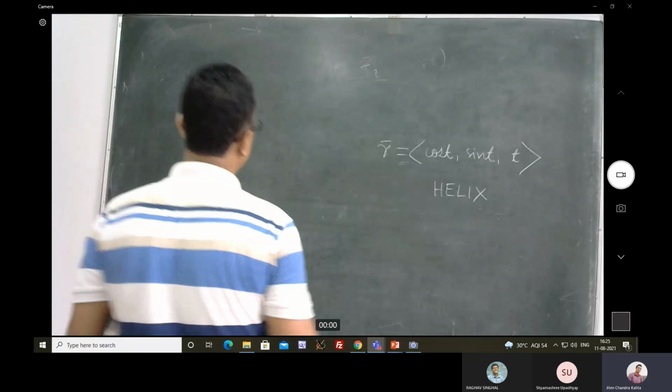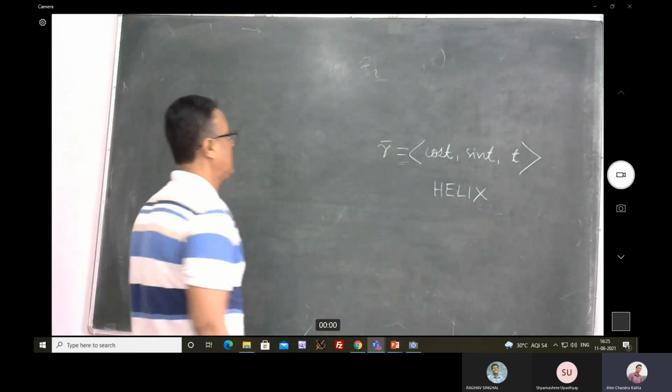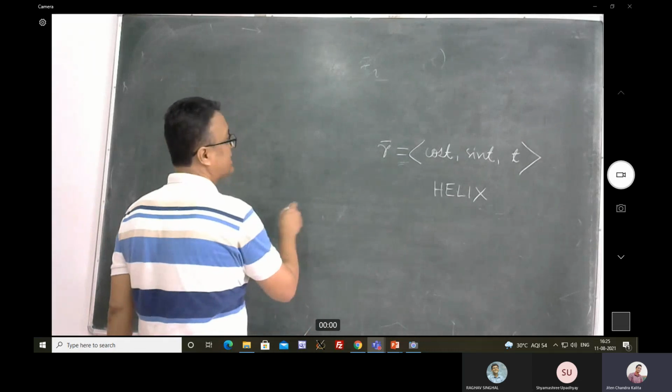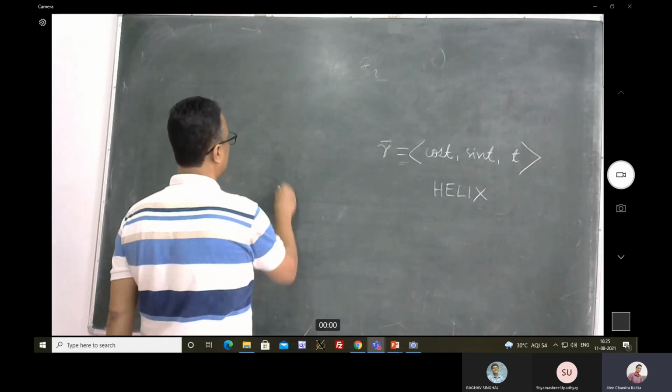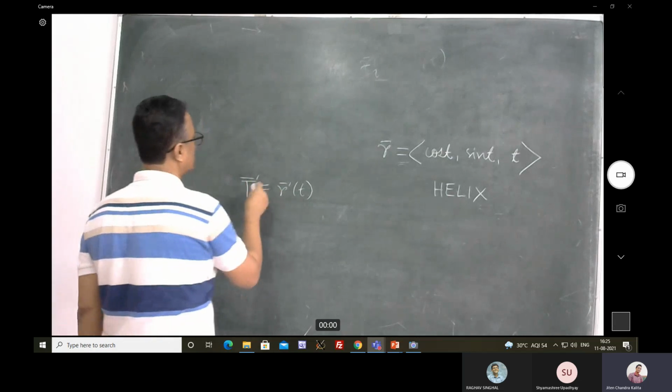Now if you have to find the binormal, normal, and tangent, obviously the unit tangent is given by this.